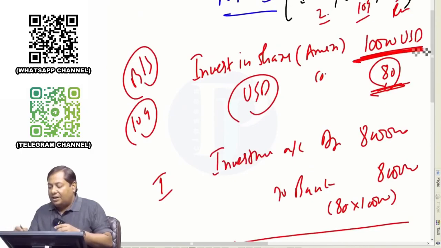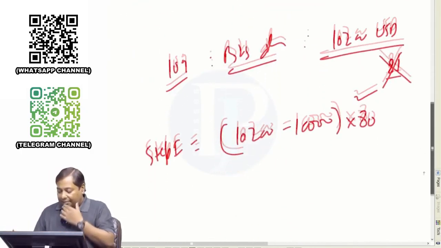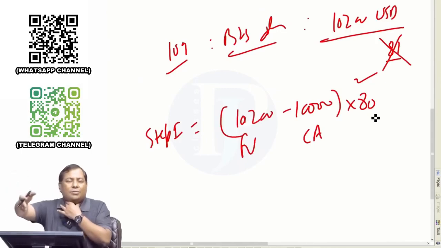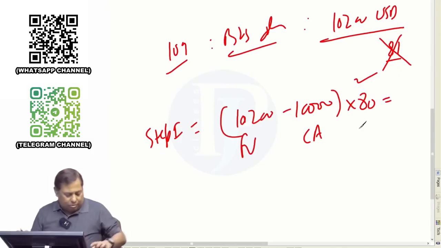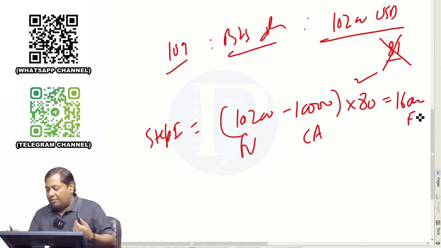But I am taking the difference of value or price here. Clear? This is my fair value. This is my carrying amount and this is my actual rate. I need to increase the investment of $10,000 by 200. I had invested $10,000, then $200 into 80, so rupees 16,000 would be the fair value gain.